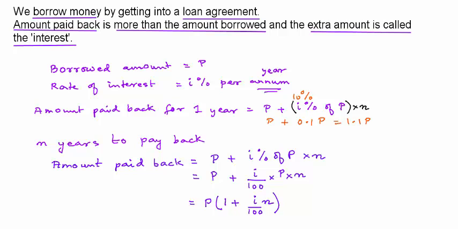Typically, this amount is paid back by making equal monthly repayments, also referred to as installments.